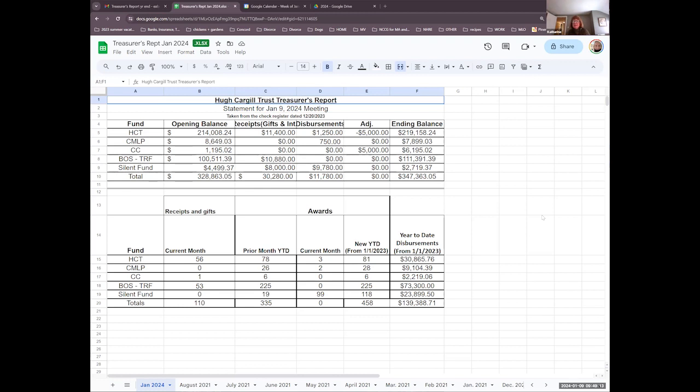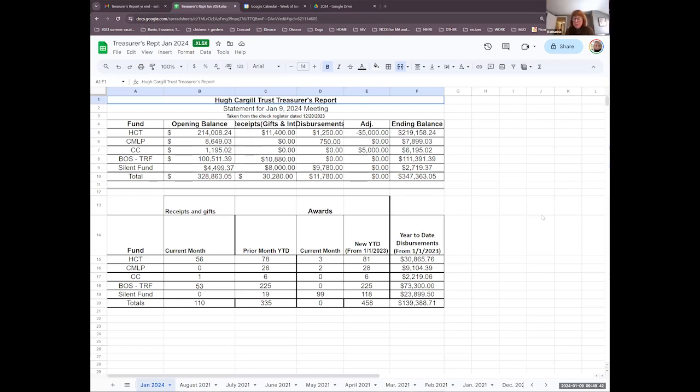Yeah, that's accurate. Shannon did not do any more checks. That's when Shannon last worked on it. So she would not have deposited any checks that came in until the first of the year. So we won't know what those are until she actually opens them and deposits them. Yeah, I see what you mean, Lucy. Because a lot of people wait until the very end of the year to make their charitable donations.